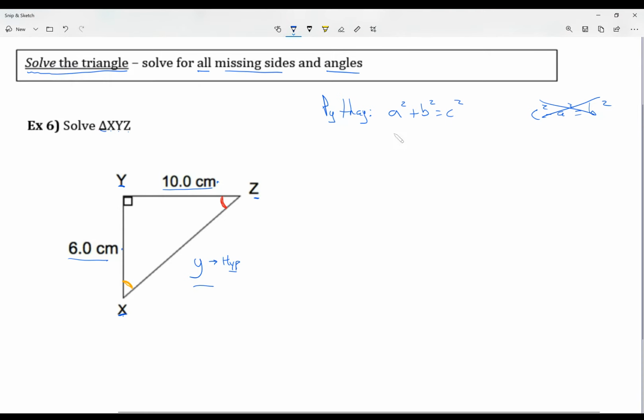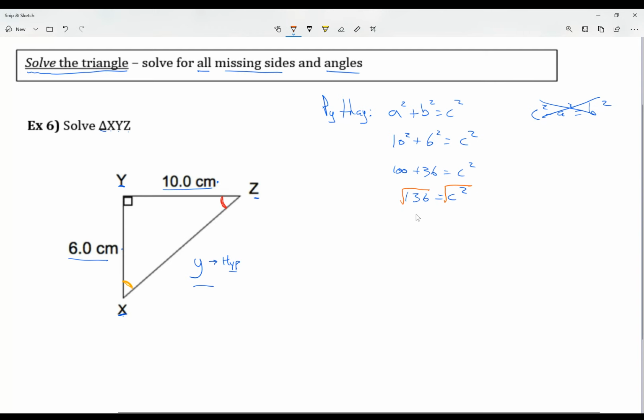So I'm going to plug in the numbers. 10 squared plus 6 squared equals c squared. So I'm going to get 100 plus 36 equals c squared. I have 136 equals c squared. And now to get c alone, the algebra says I have to take the square root of both sides.